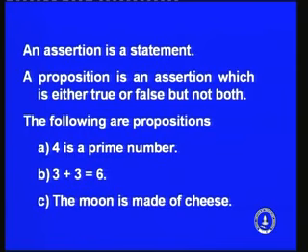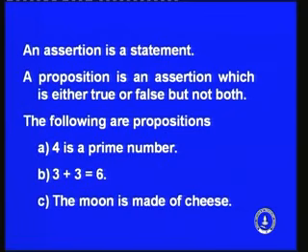Consider the following examples. The following are propositions. 4 is a prime number. It is an assertion, but it is a false statement. So, the truth value associated with 4 is a prime number is false.